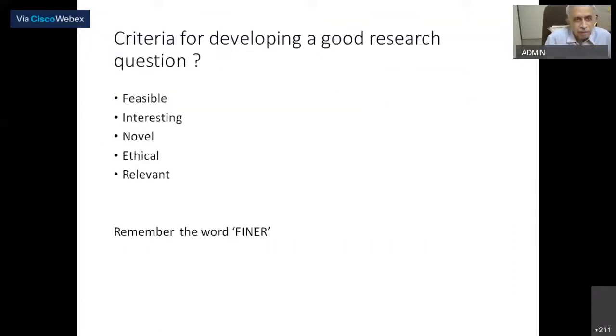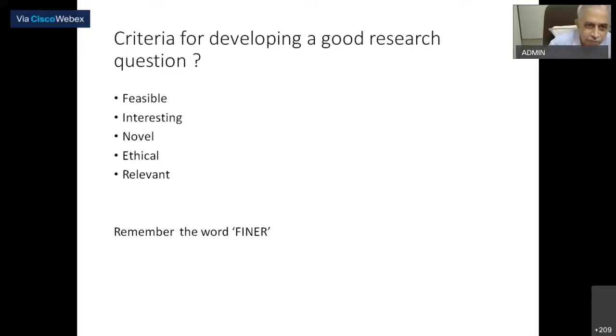So a good research question, you remember the word FINER, should be feasible, it should be interesting, because if you take a topic which is not interesting to you, sometimes what happens is the postgraduate doesn't know what topic the guide or the teacher says, and he will do something and bring it. It may not be of his liking, so he may not take interest in doing it.